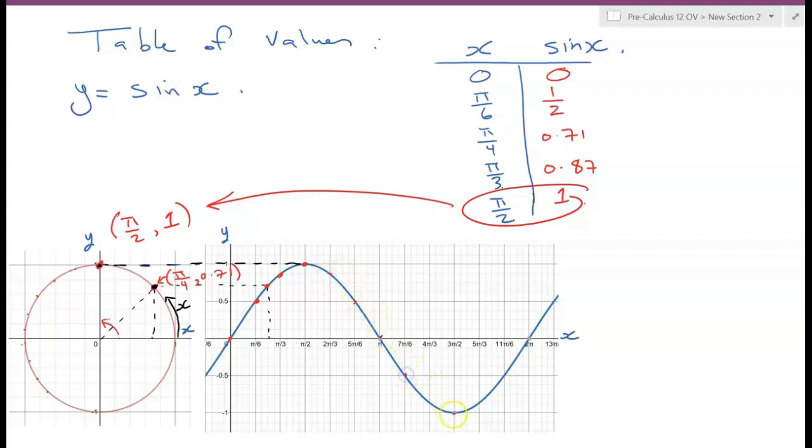Sure enough, you will get this curve, which is very symmetric and periodic. Notice that it continues into the negative x values and after 2 pi. I did one full circle where it starts at 0, 0, goes up, comes down to -1, and then comes back and hits 0 again, and we call that one full cycle.